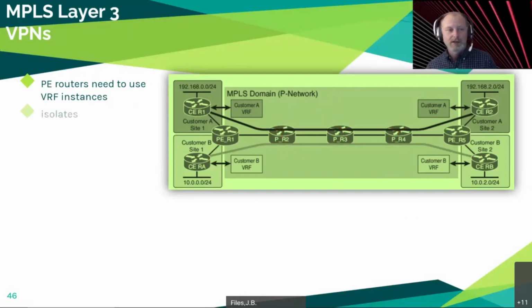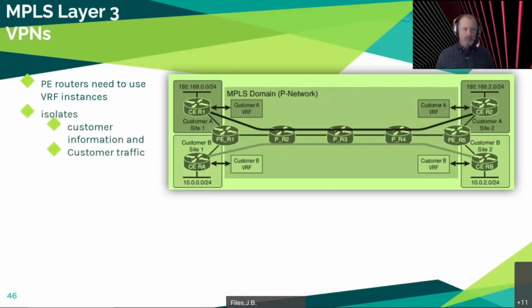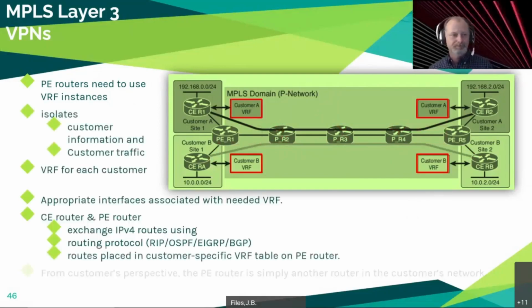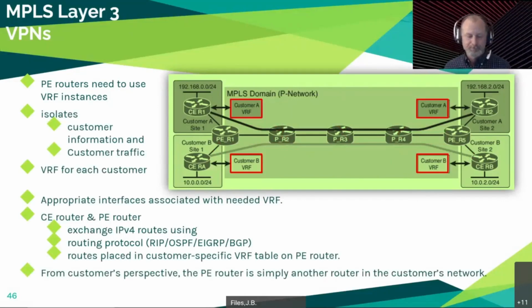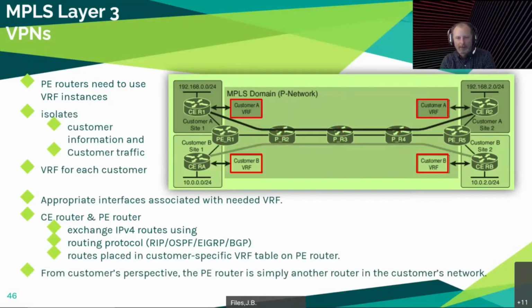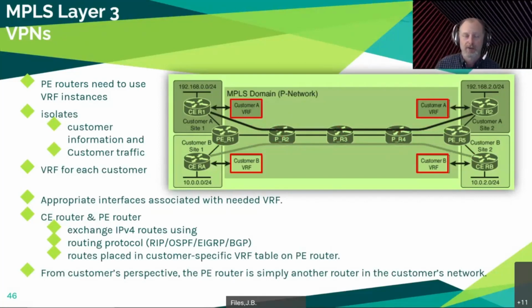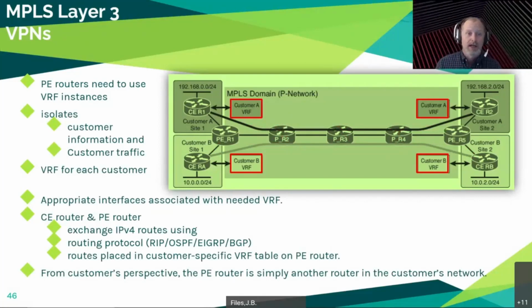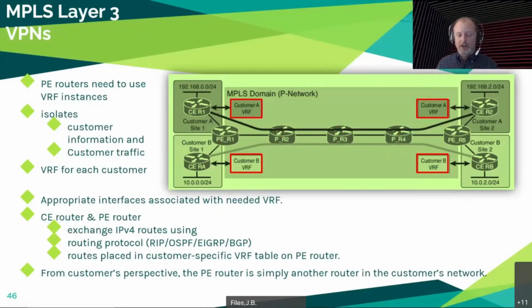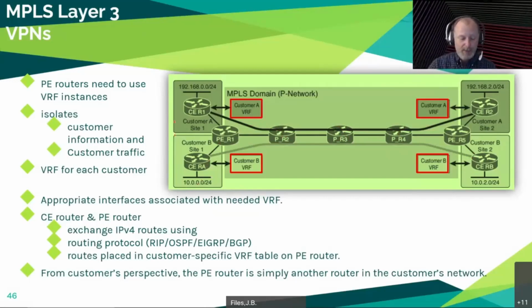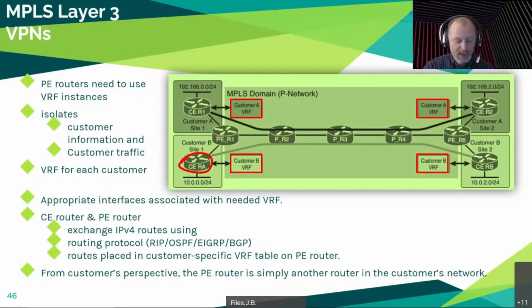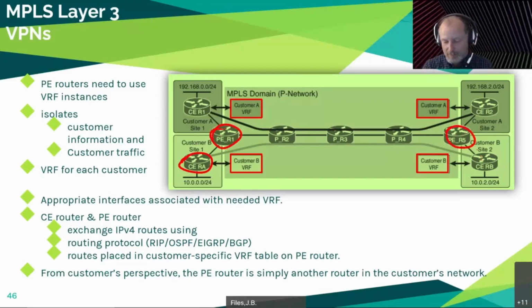All right. So essentially, if you were to look at the routing table of the routers, if you looked at OSPF or EIGRP, the customer routers would see these routers.